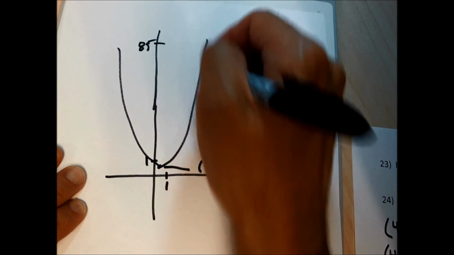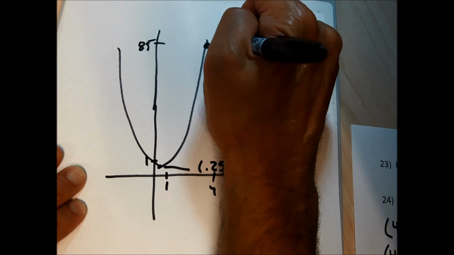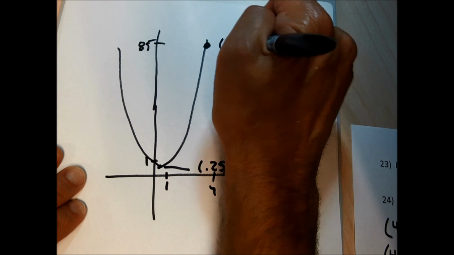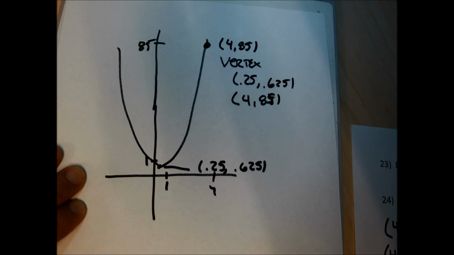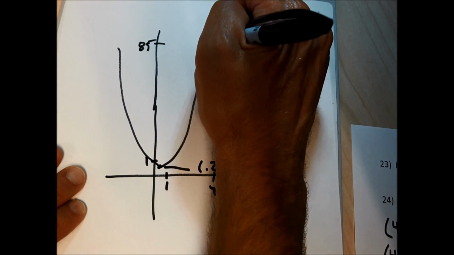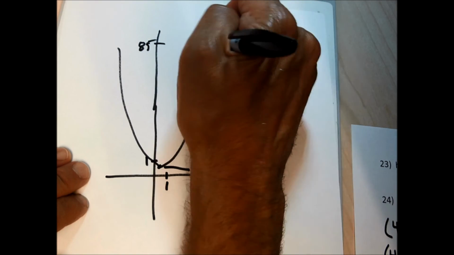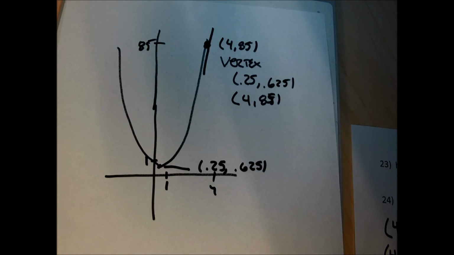There's 85, here's 4. We'll call that the point 4, 85, even though it really isn't. I'm not looking for perfect graphs, and this one's going to be really hard to make perfect. Have the 2 points labeled that I need to, the vertex and the point of interest, and there's a line that I need to draw. Basically, I make 2 points right next to each other and connect them with a line. All right, so that's the grungy part.